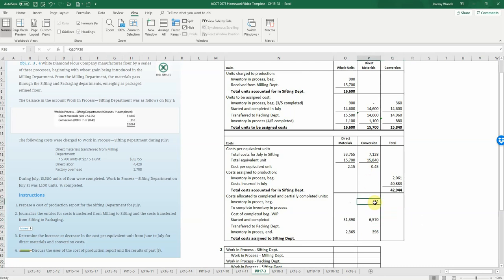I think I have these on the wrong line too. So our beginning inventory cost was already given to us, so it's already added in. So that's the 2,161.